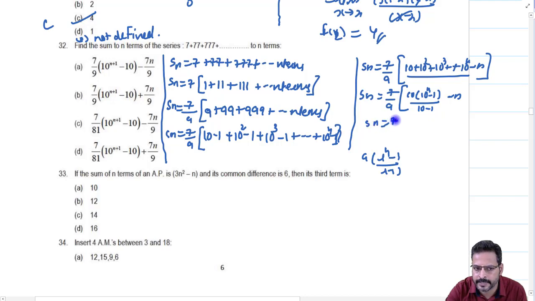So Sn is equal to 7 by 81 into (10 raised to n plus 1 minus 10) minus n.